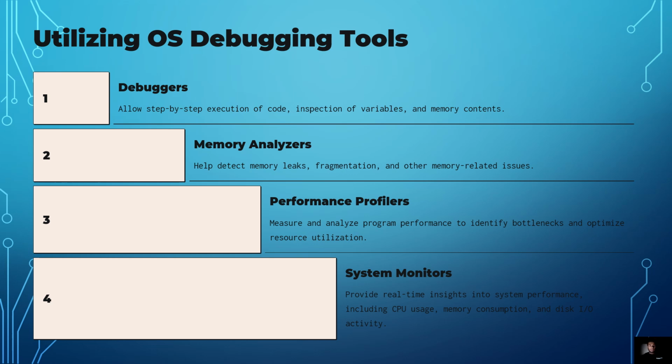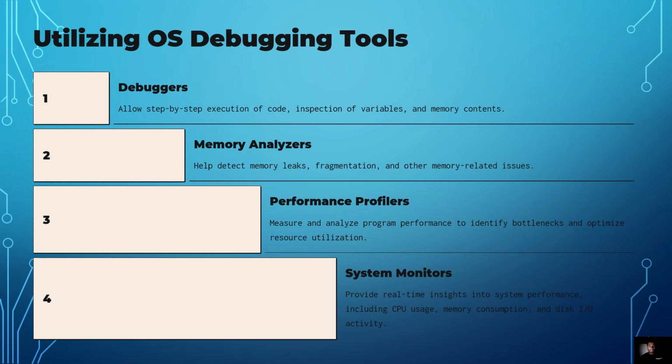Utilizing OS debugging tools. There are four types of debugging tools, which are debuggers, memory analyzers, performance profilers, and system monitors. Debuggers allow step-by-step execution of code and inspection of variables and memory contents. Memory analyzers help detect memory leaks, fragmentation, and other memory-related issues.